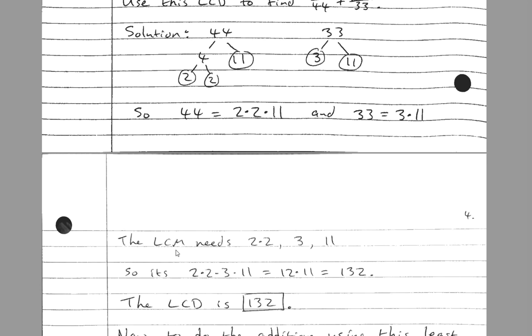And so the least common multiple of these two numbers, well, I need 2 2's to cover this. I need a 3, and I need 1 11. That'll cover both of these. And so the least common multiple is 2 times 2 times 3 times 11. That's 4 times 3, 12 times 11, 132.